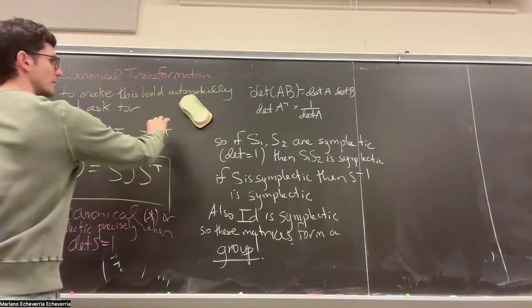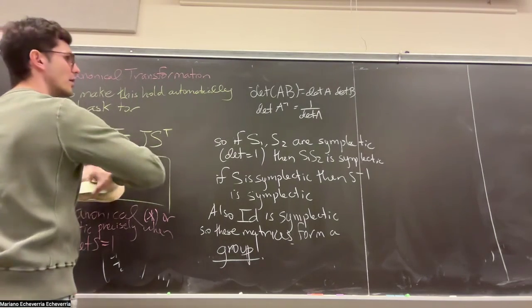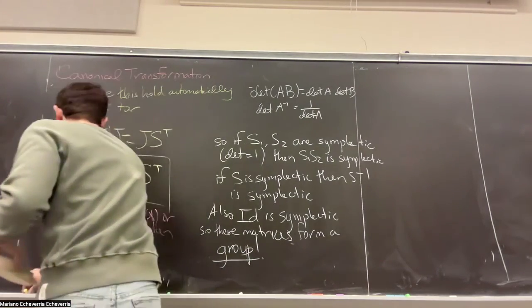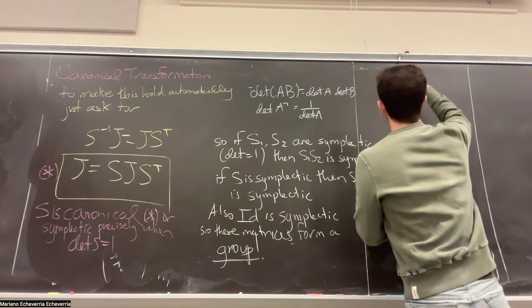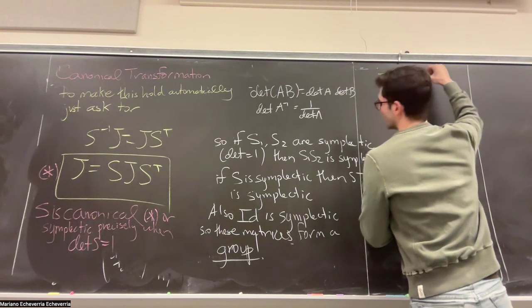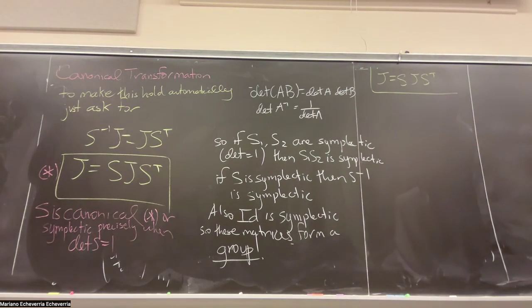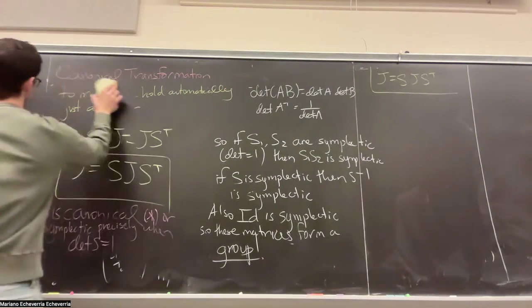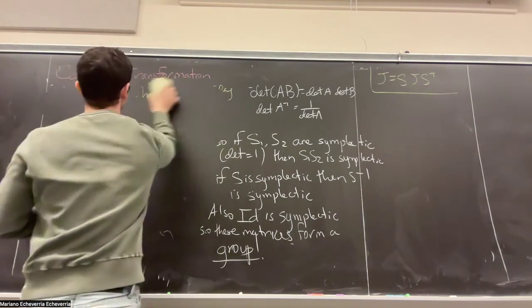So I'll keep this condition written up top. That's the condition for being symplectic in general, but in the 2 by 2 case, it just reduces to determinant being 1.